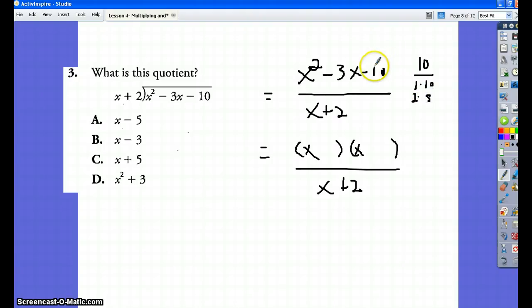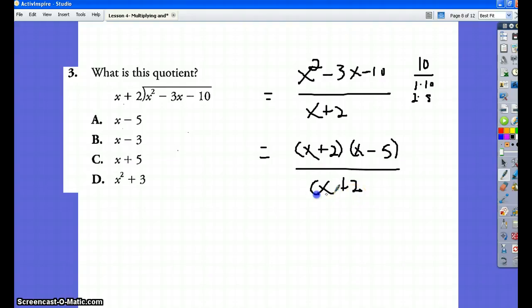So we're looking for numbers that subtract to negative 3x. Well, 2 minus 5 is negative 3, so let's use those. A little trick is if the last sign is a negative, that means these are going to be different, and whatever sign the middle term is goes to the largest number. Or you could just think that negative 5x plus 2x equals negative 3x.